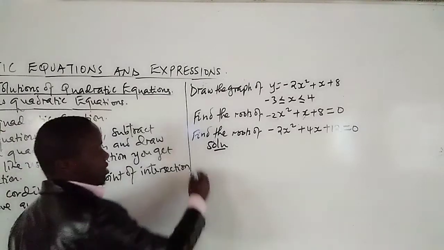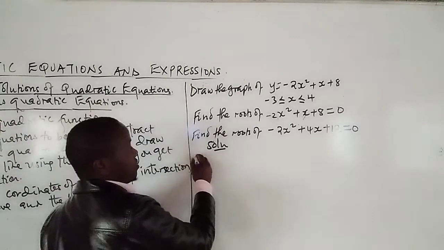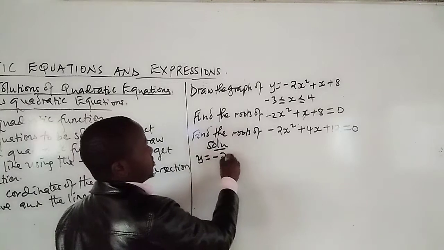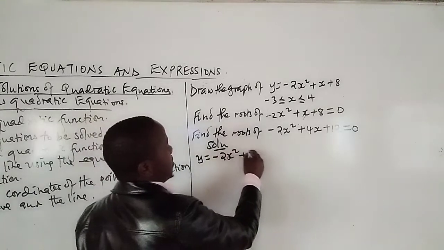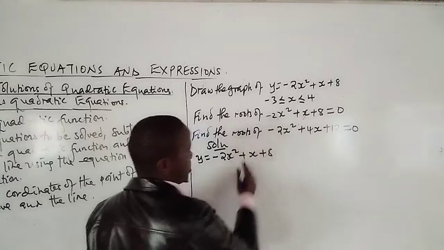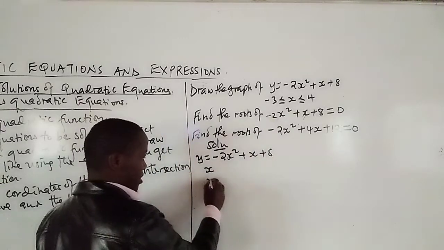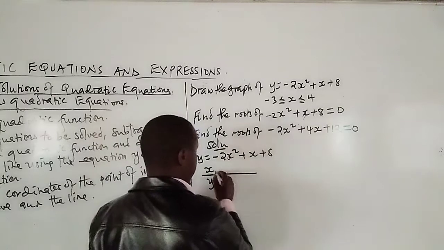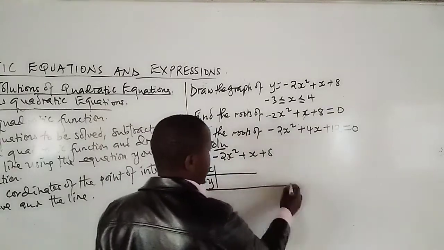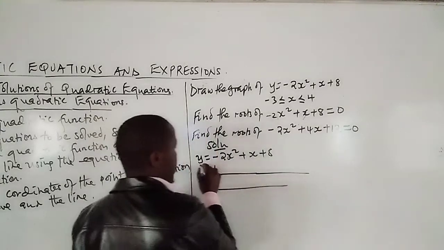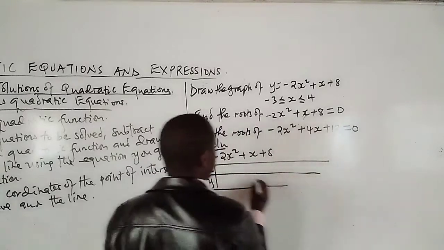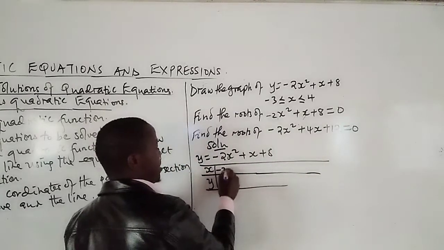The function is y is equal to negative 2x squared plus x plus 8. So we'll get x and y. Then we plot these coordinates to see how the graph shall be from negative 3 up to positive 4.